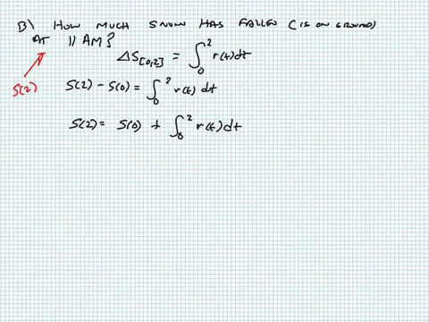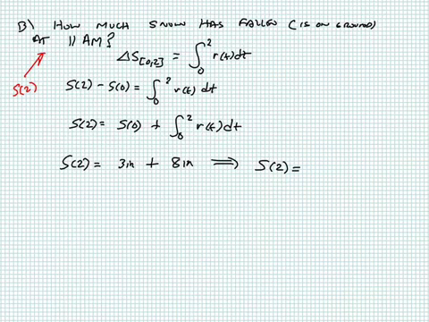The first piece is the amount of snow that was already on the ground when the problem started at 9 a.m., 3 inches, plus the net amount of snow that fell between 9 a.m. and 11 a.m., which we just calculated to be 8 inches. And so that means that the amount of snow on the ground at 11 a.m. is equal to 11 inches.